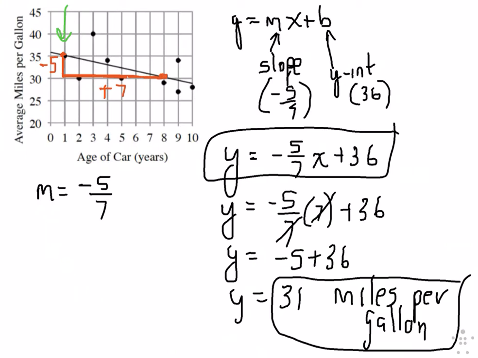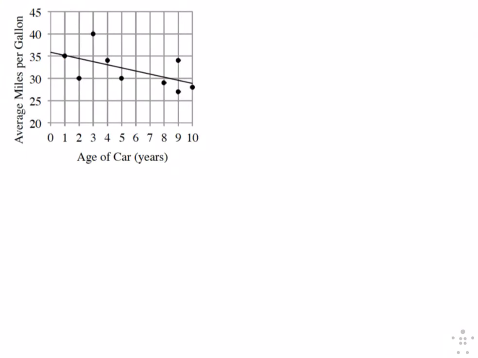For part G, they're saying to determine what the slope means and what the y-intercept means. Okay, so let's get rid of this for a second. The slope really means that for every change of 1 year, the miles per gallon is going to decrease by 5/7.